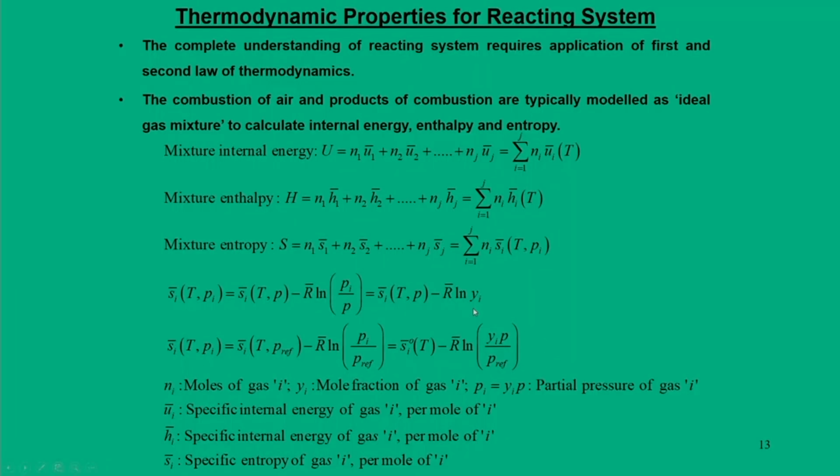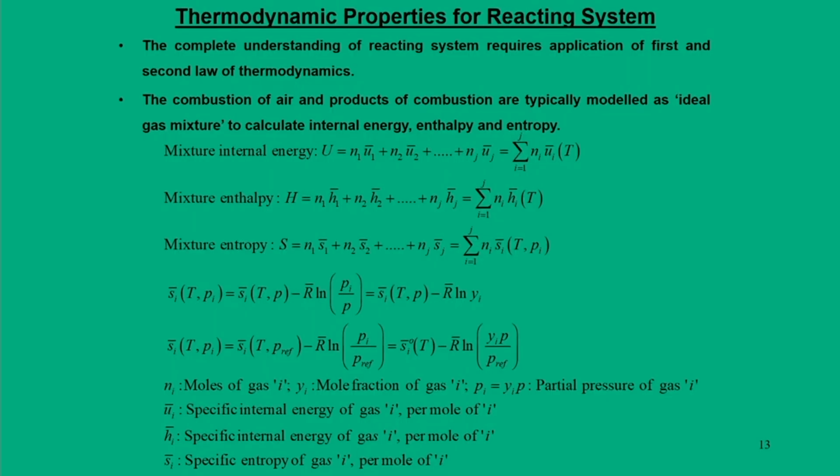The last segment of this part is to study the thermodynamic property analysis for reacting systems. Here the first basic assumption that we are going to make is that, till this point of time, before combustion, we have exhaustively discussed multi-component systems and they are treated as ideal gas mixtures.